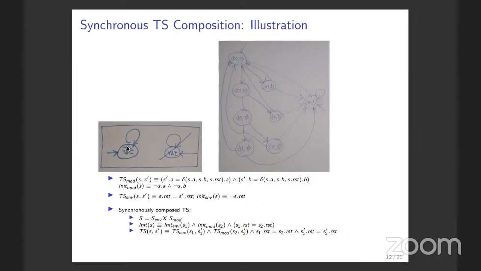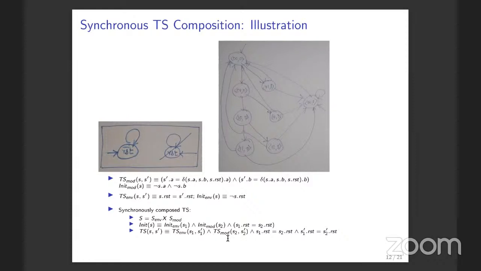So this one, the environment, is changing. In this case, it is modifying the reset value. In this case, it stays the same, and simultaneously, this one is making its transition march forward, okay? And that's why you will get 0, 1, 0.